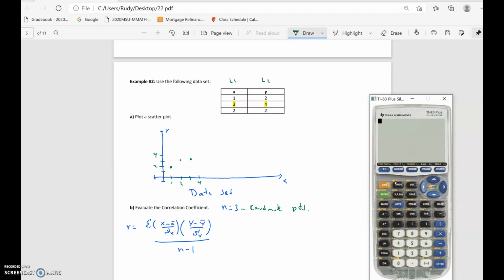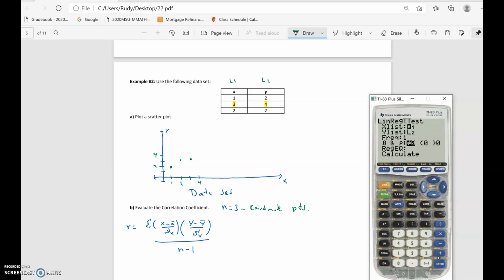Let me give you the command that is going to evaluate most of what we're going to be doing in this short section. You're going to hit stats, then move to test, and then all the way to the bottom. This is just one way to evaluate. We're looking for the linear regression t-test, and then all you have to do is hit enter.